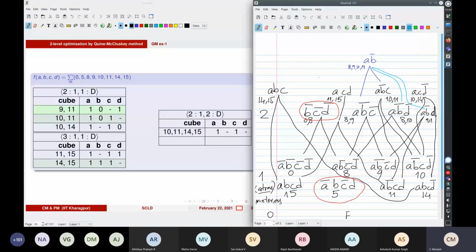Where is it? 14, 15 is here and 10, 11 is here. So we can combine 10, 11 with 14, 15, and you will get AC.